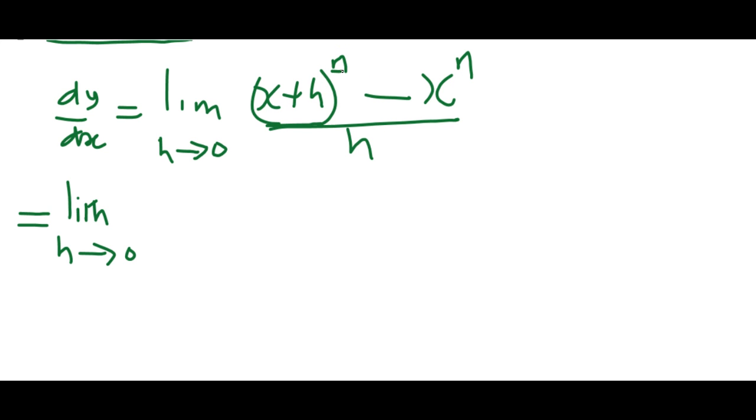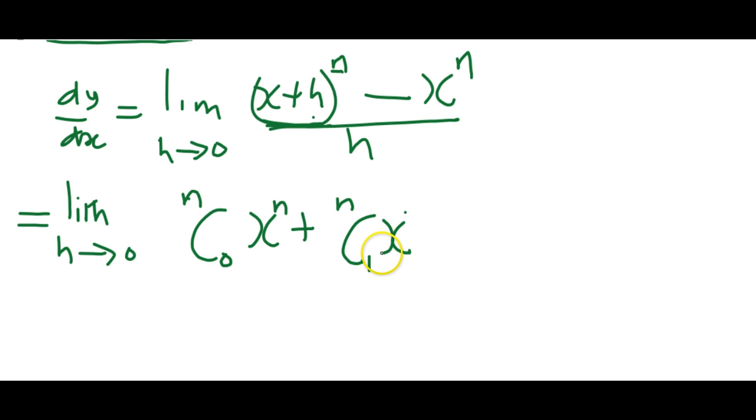And so the first term for expanding this is going to be n combination 0, x to the power n, and h will be to the power 0, so it will not appear, plus n combination 1. Remember, n combination 0, n combination 1 and the rest are the coefficients of the expansion.